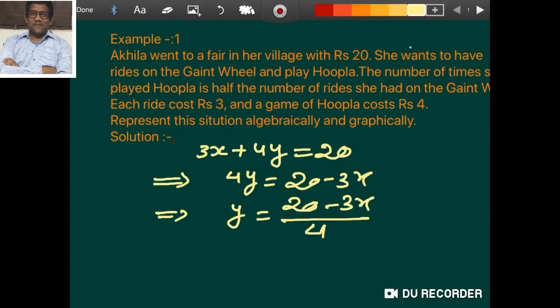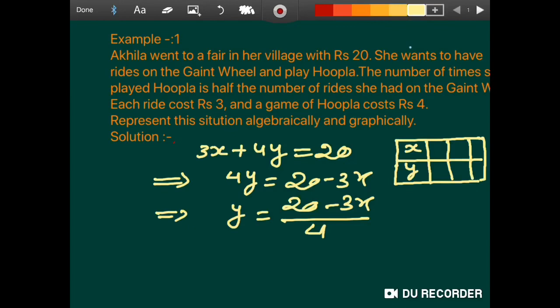Now complete the following table by taking different values of x.